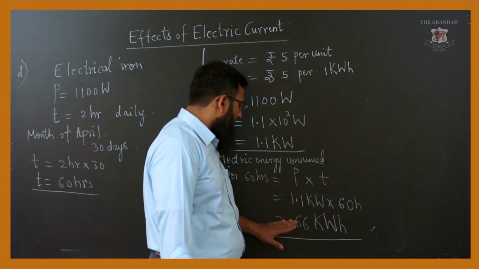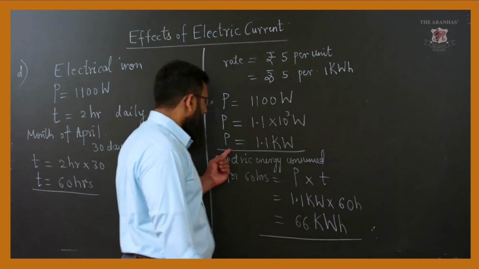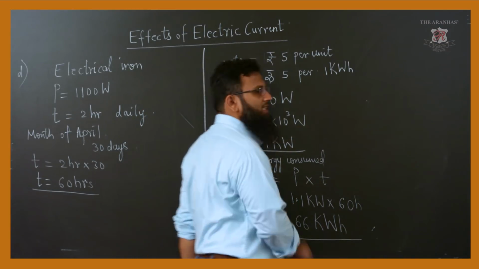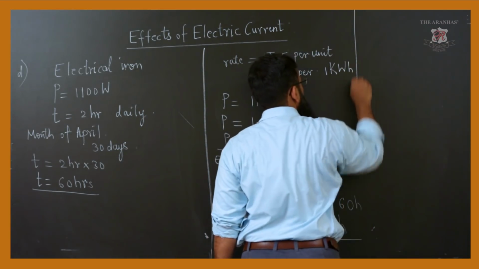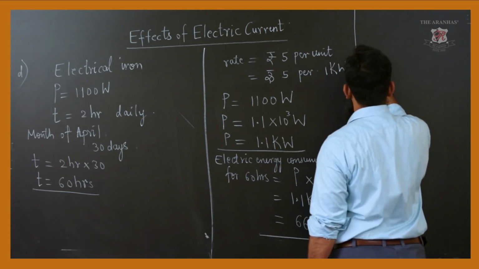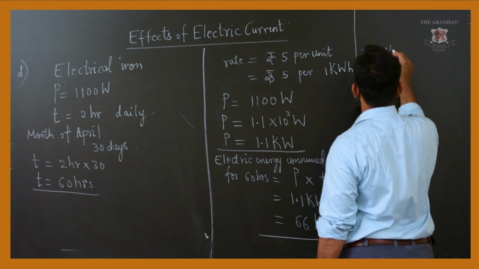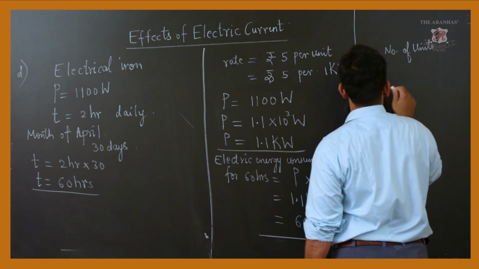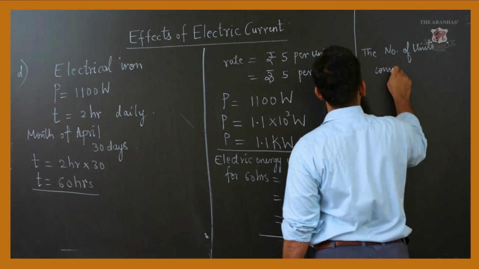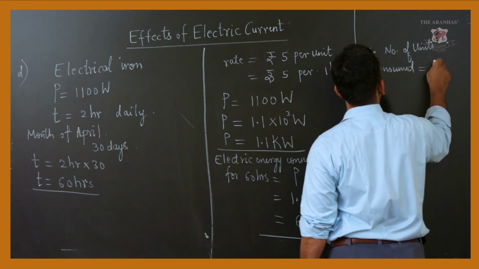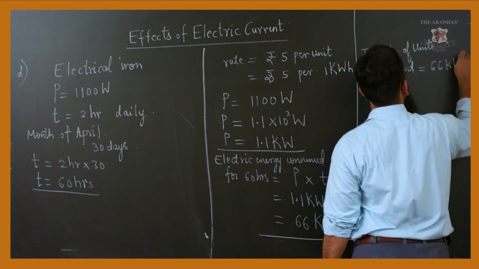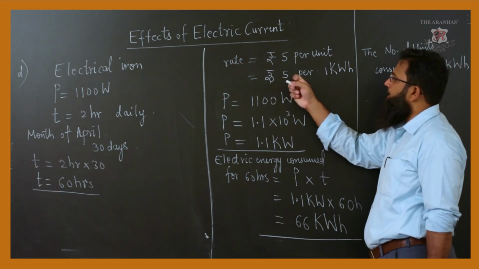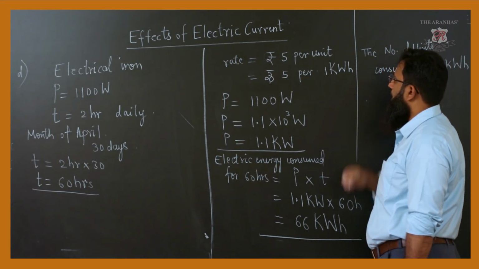Now the problem becomes very easy. Once we have calculated the total number of units, electric energy consumed for 60 hours is 66 kilowatt hour, which is as good as the number of units consumed is 66 kilowatt hour. We know the rate is rupees 5 per kilowatt hour.